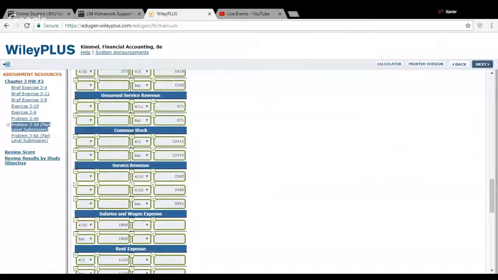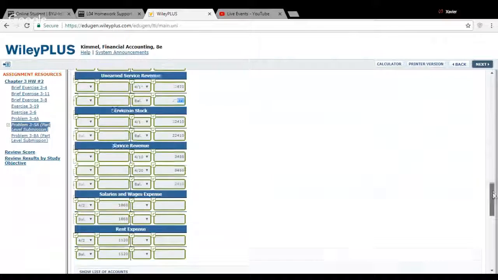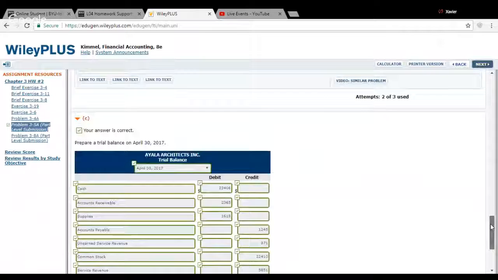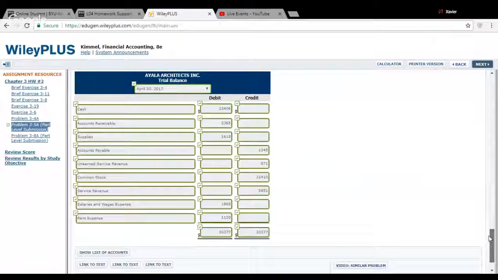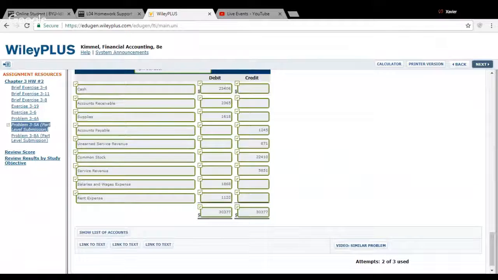The next one would be unearned service revenue, which is going to be a credit of 871. And then common stock is also a credit of 22,410. So that just keeps going, and in the end, you add up all the credits and all the debits, and that's your final answer.